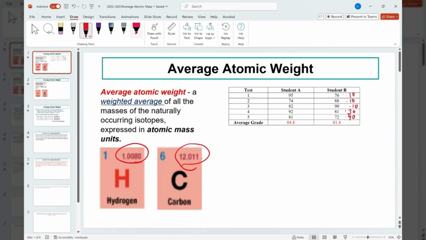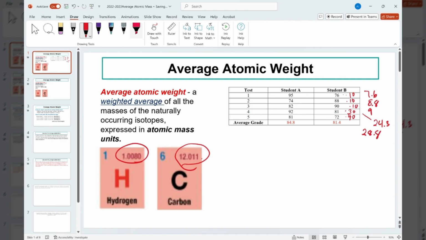So if I take my calculator and do 76 times 10%, that's going to be 7.6. 88 times 10% is 8.8. 90 times 10% is 9. 81 times 0.30 is 24.3. And 72 times 0.40 is going to be 28.8.